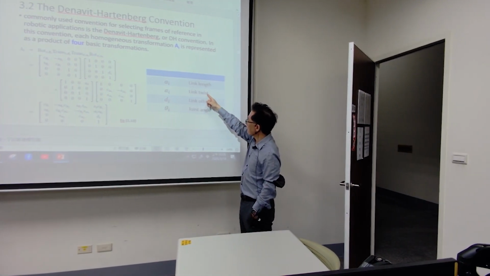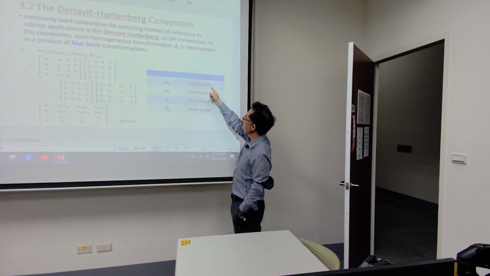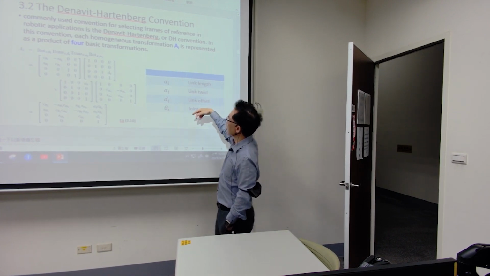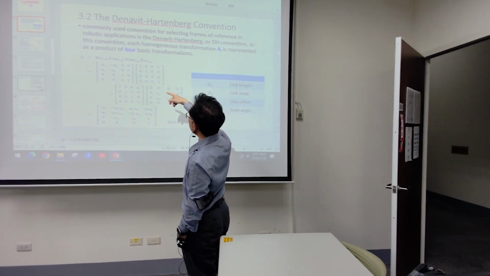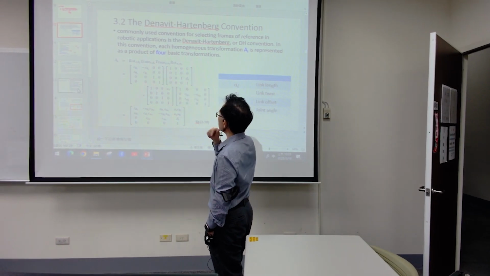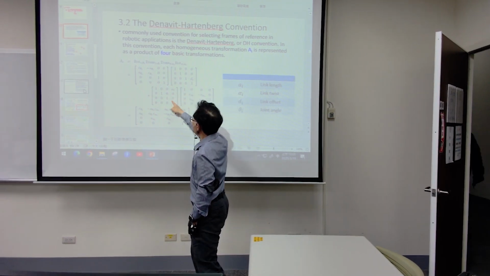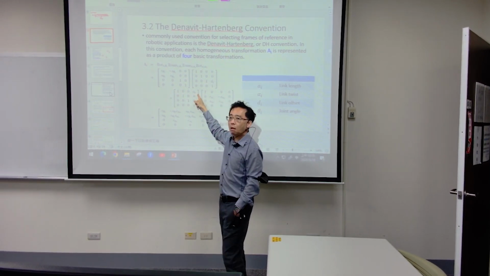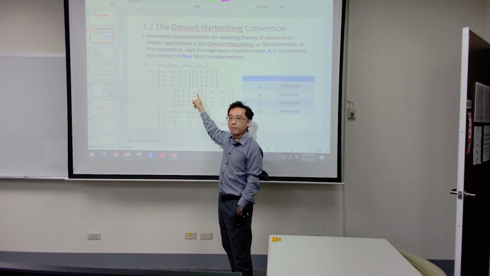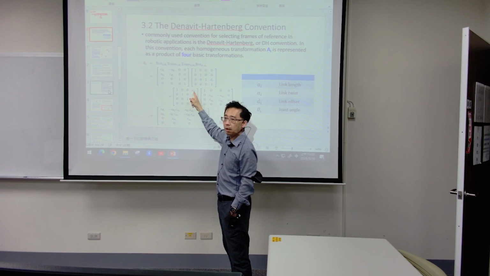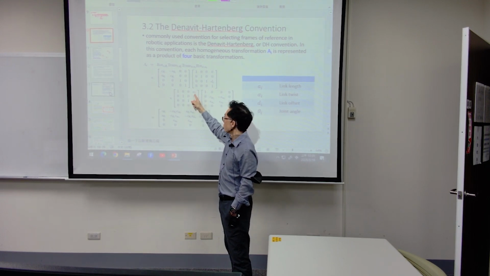And how about the link length? A. So A is the move along the x-axis. So you put the A in the x position over here. The matrix over here is x, y, z.